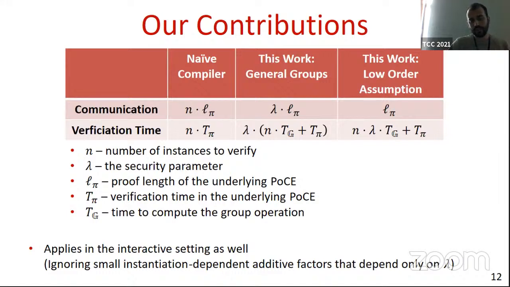The verification time still linearly depends on the number of instances, but we decouple the dependency on the number of instances to be verified from the original verification time of the single instance protocol. So even if the single instance protocol has quite an expensive verification time, you essentially only pay for it once instead of once per each instance that you want to verify.